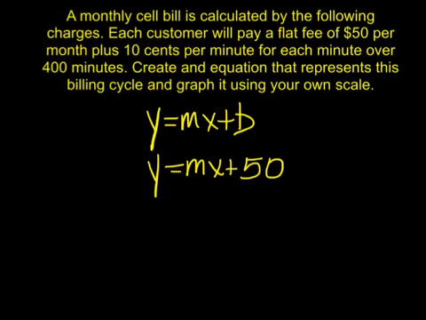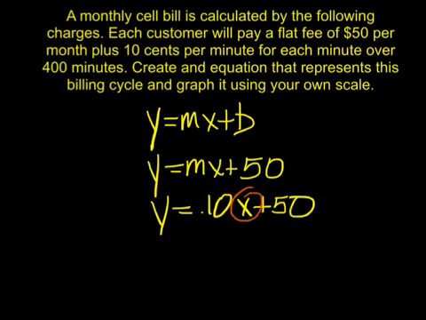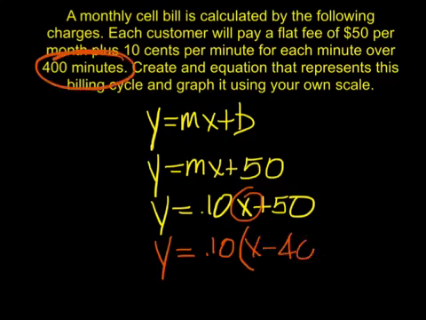And now 10 cents per minute. Can you tell me what is wrong with this equation I just wrote? Yeah. We can't have just x there. We got to have what? x minus 400. Yes, x minus 400.